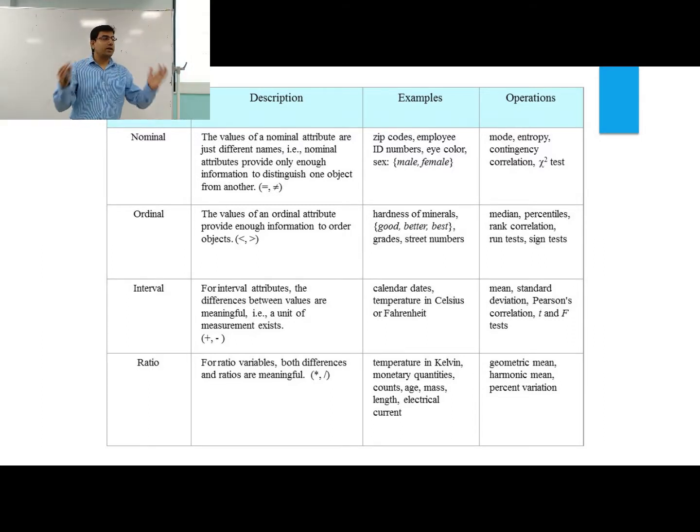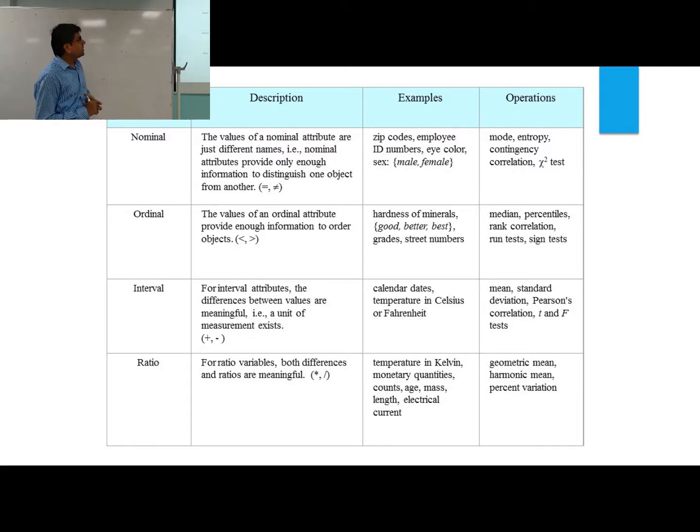Given a table, how many times the given zip code is occurring in that table, that is identifying the frequency of that particular data. So those are valid. Next one, correlation. You can identify the correlation between one data and another one. That's possible with the nominal data.